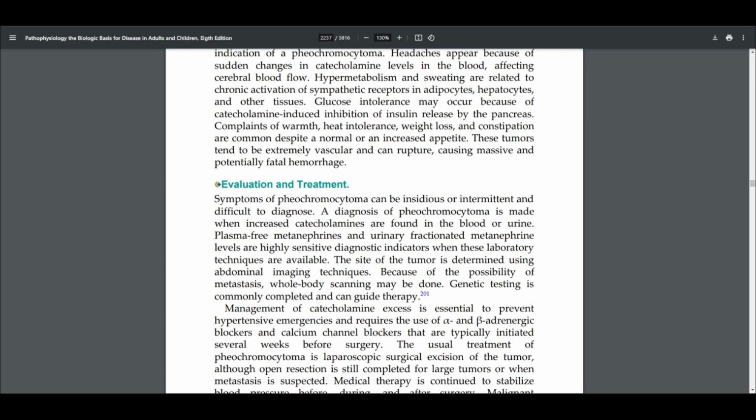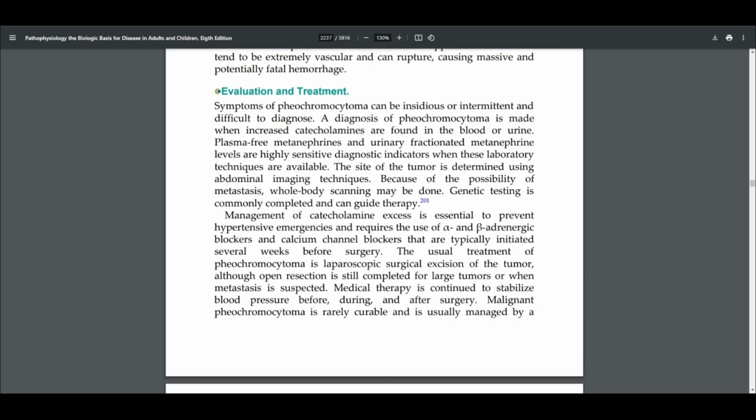Evaluation and treatment, therefore. Symptoms of pheochromocytoma can be insidious or intermittent and difficult to diagnose. A diagnosis of pheochromocytoma is made when increased catecholamines are found in the blood or urine.